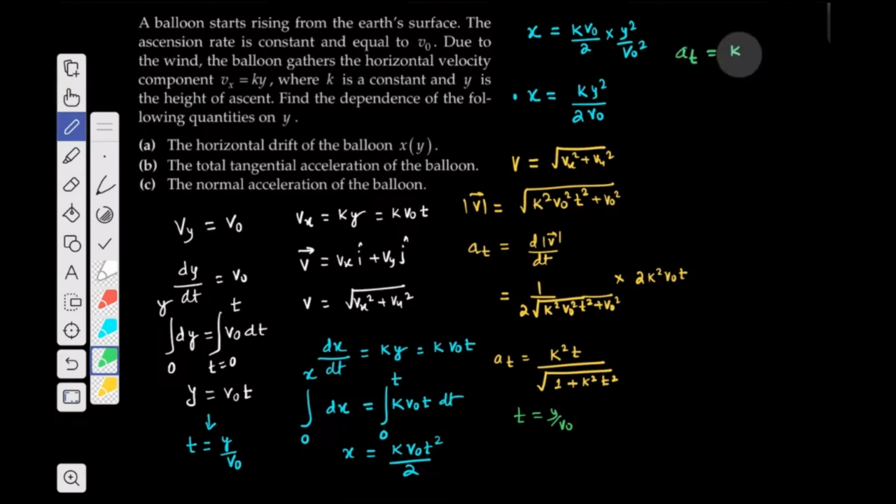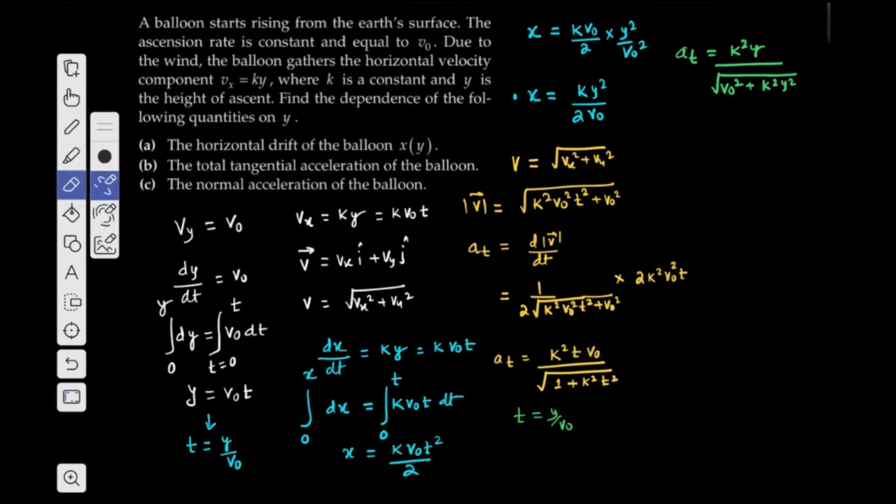It's going to become k square y by v naught square plus k square y square. Wait, I made a mistake here. V naught square here I have, so one v naught will get cancelled, one v naught will remain. So just a little bit of change here.